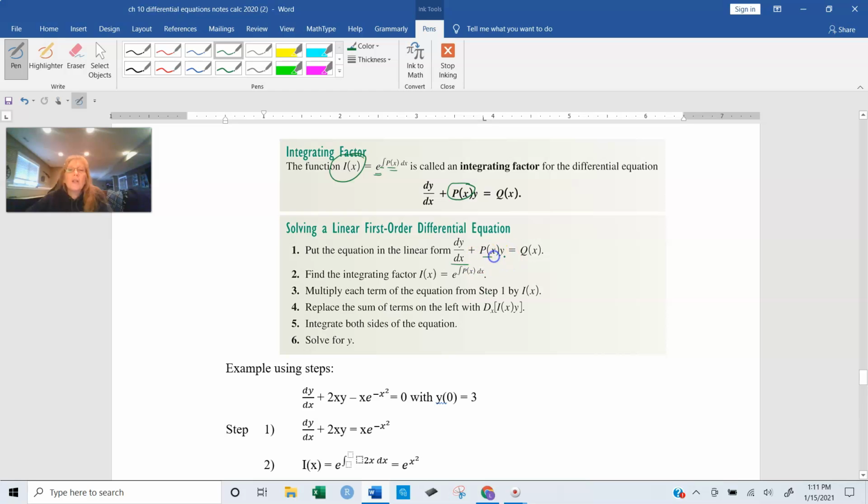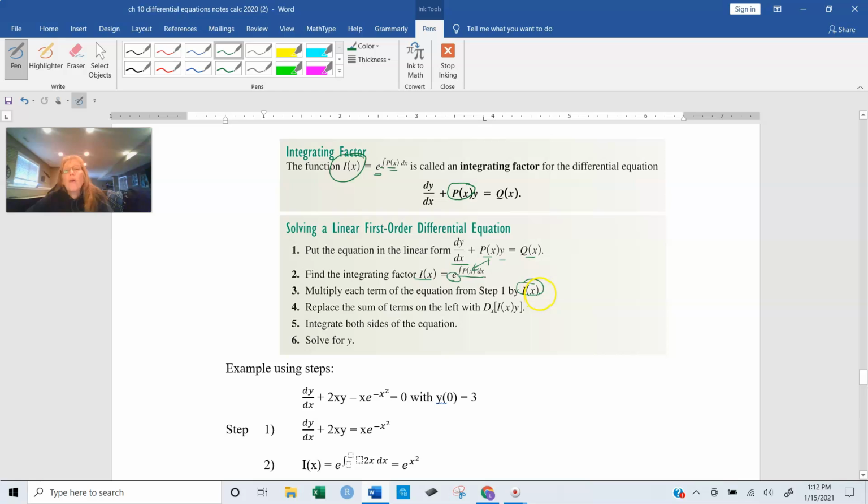We've got the function times y equals a second function. Must be in that form, right? Next, we find the integrating factor by taking e to the integral of this function in front of the y. We multiply each term by whatever that turned out to be.